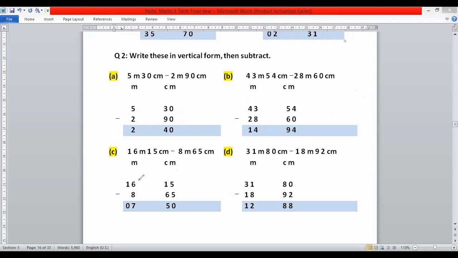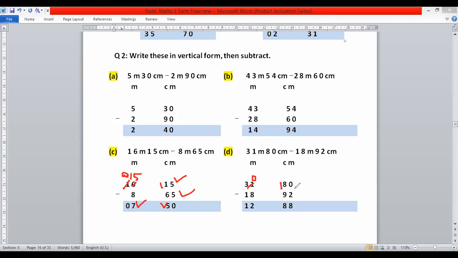Here 16 meter, 15 centimeter minus 8 meter is 65. So take 1 meter. Here you get 115. Now 5 minus 5, 0. 11 minus 6, 5. Now here take 1 and you get 0. Here you get 15. 15 minus 8, 7. Similarly here, take 1.